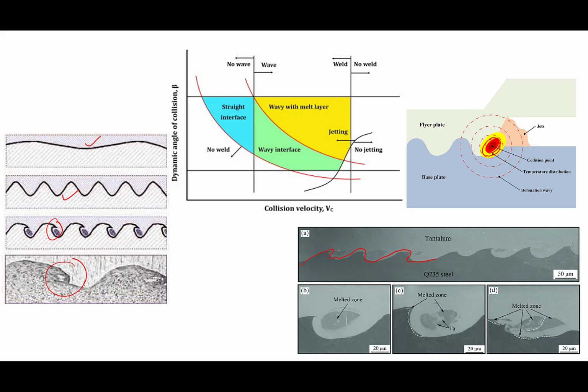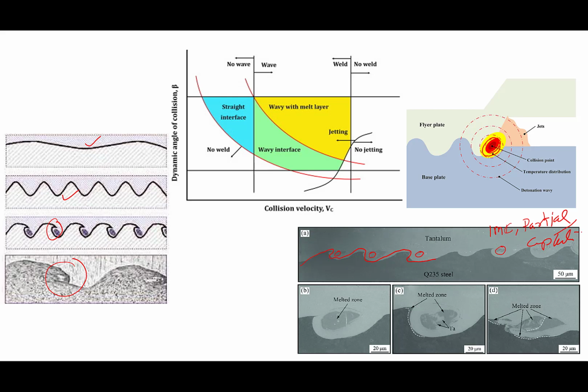The zone next to the jetting features the peak temperature, and this is the zone which will lead to the formation of IMCs in the case of dissimilar metals, and partial or complete melting. Both are possibilities, partial or complete melting.